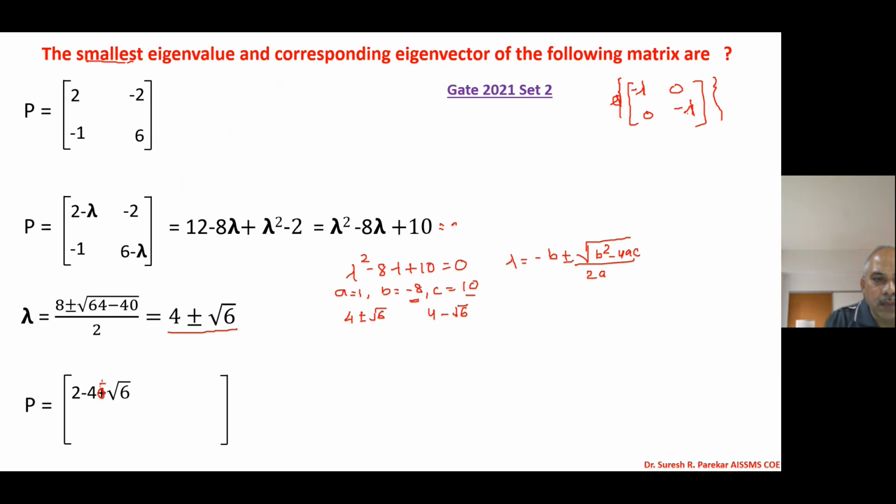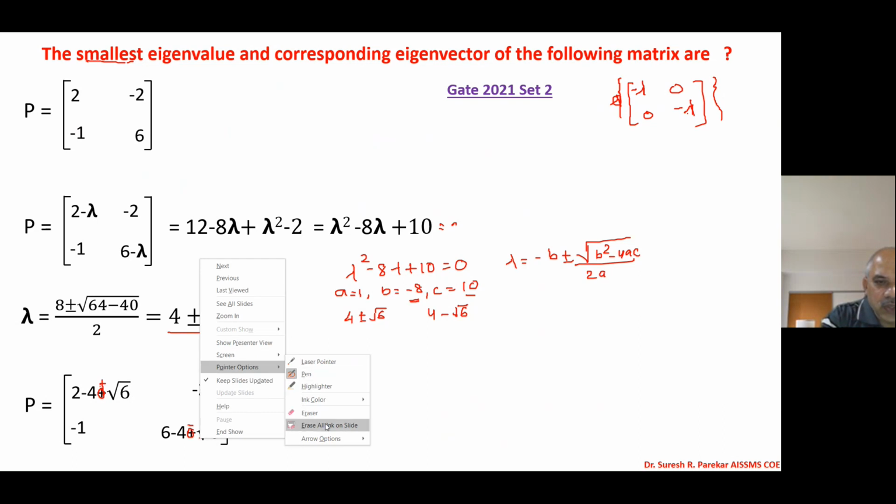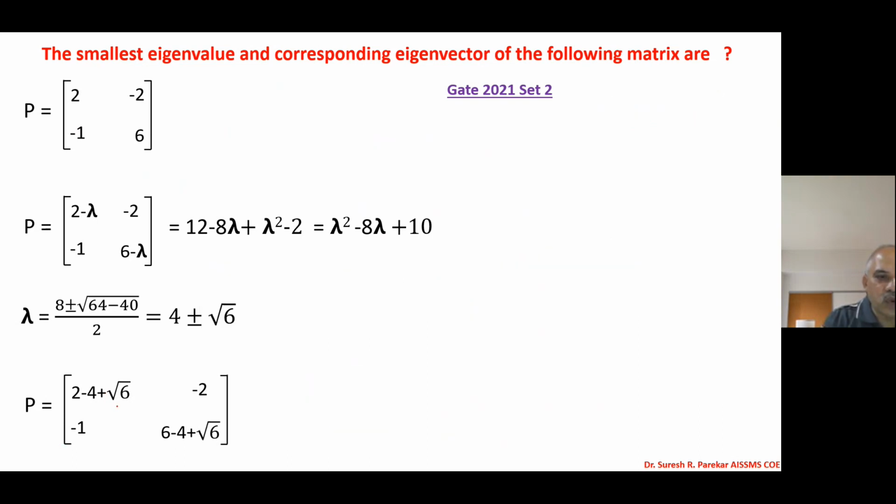So it becomes minus 4 plus root 6, then minus 2, and here also minus 4 minus root 6. Yes, sorry, here that is correct. We have actually corrected these values. So we have minus 4 plus root 6, and now this becomes minus 2 plus root 6, minus 1, 2 plus root 6.